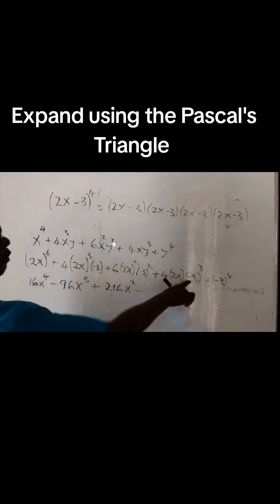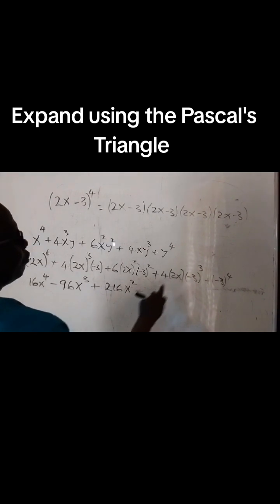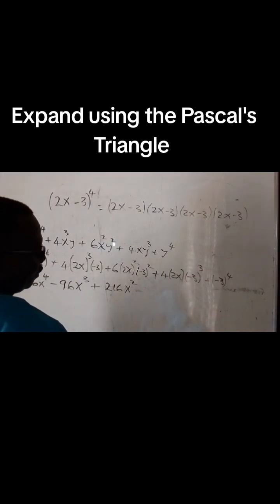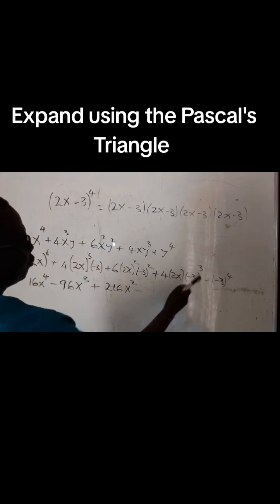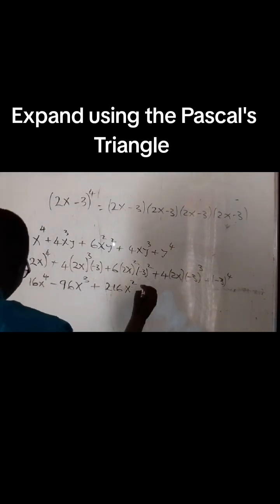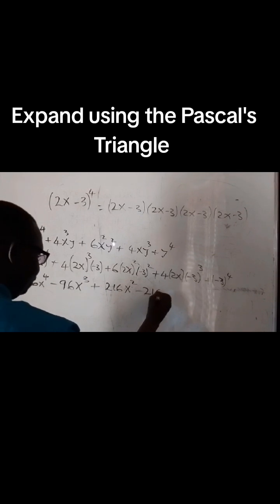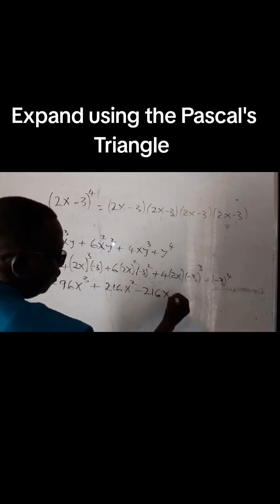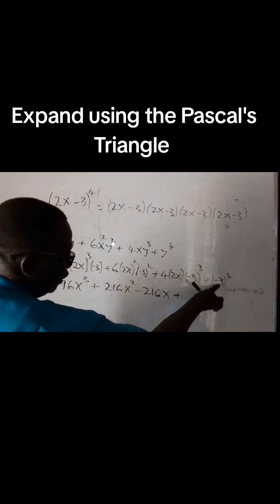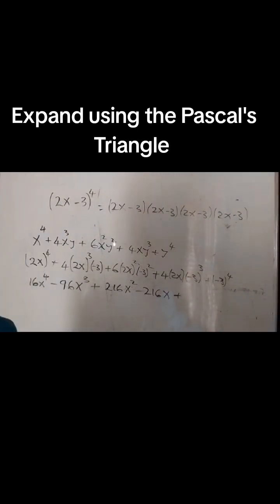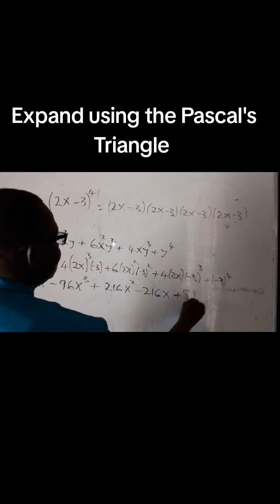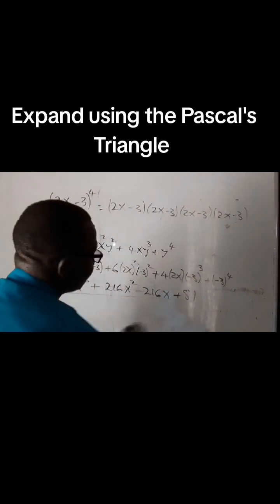Minus, because of the negative here, 4 times 2x, you get 8, times 27, you get negative 216x. Then plus, because negative 3 raised to the power 4 becomes positive, you get 81. This is the required expansion.